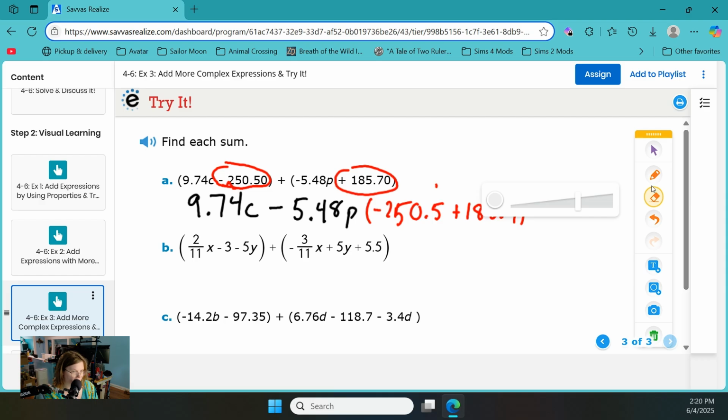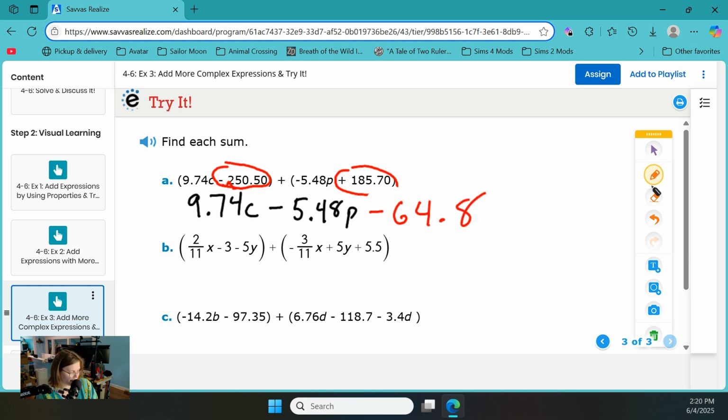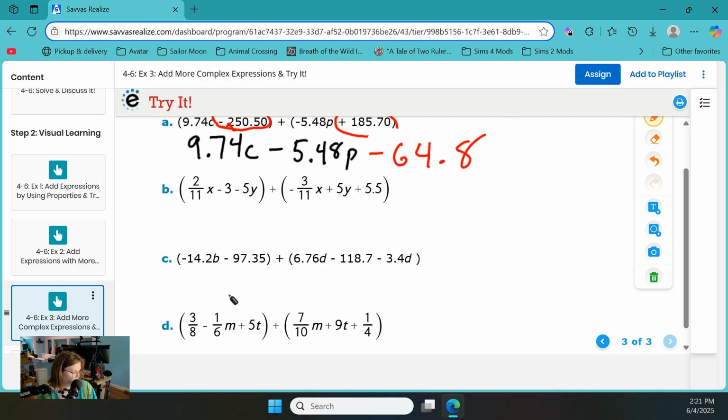I get negative 64.8. So I'm going to write negative 64.8.